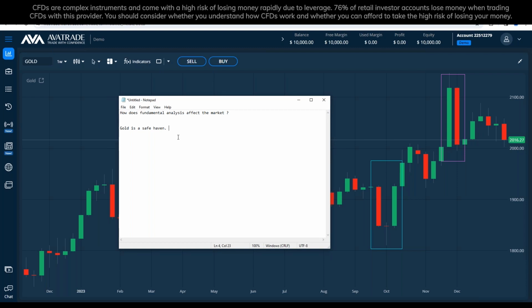Uncertainty could be a result of an extreme interest rate decision. Not even extreme, it doesn't need to be extreme. It just needs to create it.